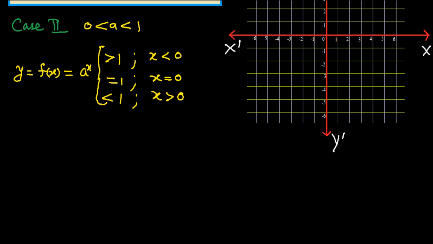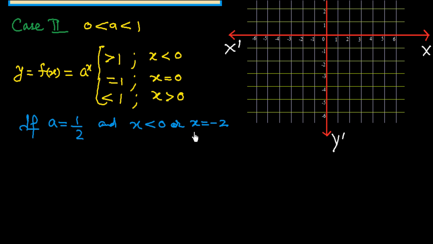If a is smaller than 1, then let a be 1 by 2. If a is equal to 1 over 2, you see what happens. For this we take the condition x is smaller than 0, or we could write that x is equal to minus 2.